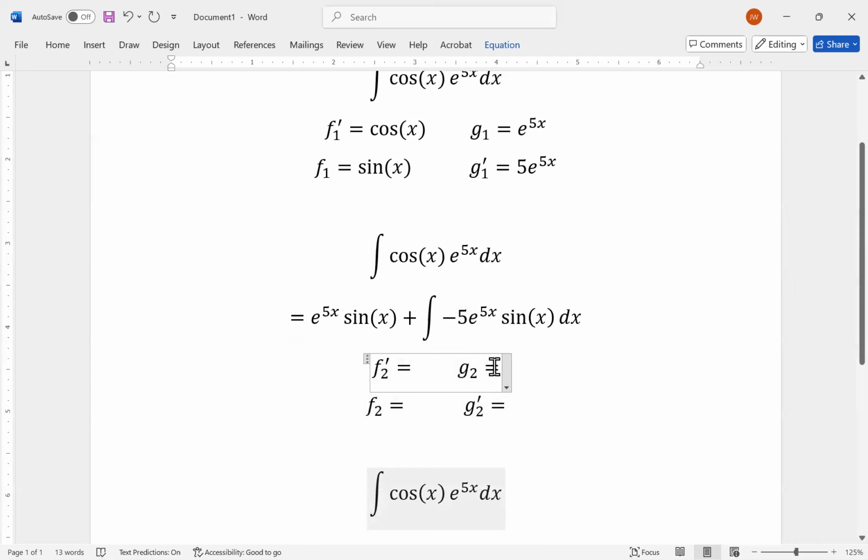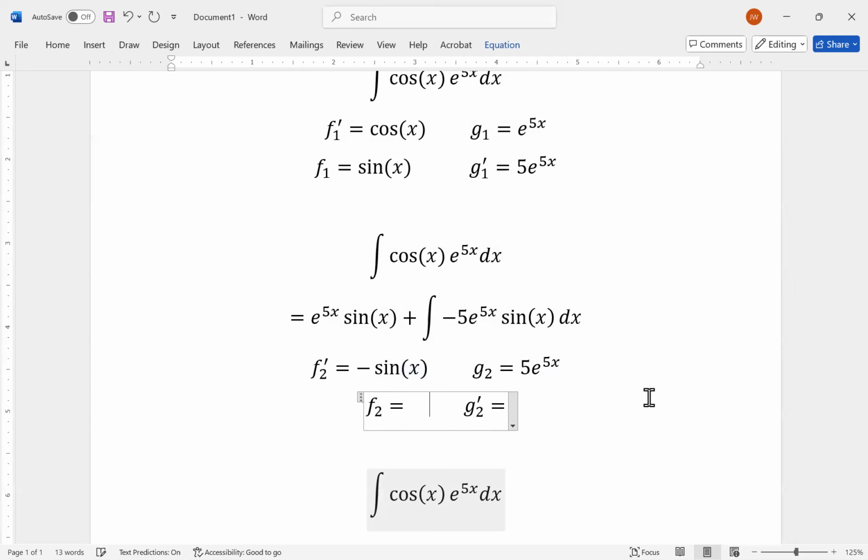Once again, since I used e to the 5x as my g, I'm going to use 5 e to the 5x as my g on the second one, and I'll use negative sine of x as my f prime. The antiderivative of negative sine is a positive cosine. And the derivative of 5 e to the 5x is 25 e to the 5x.